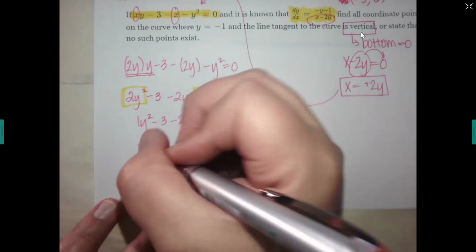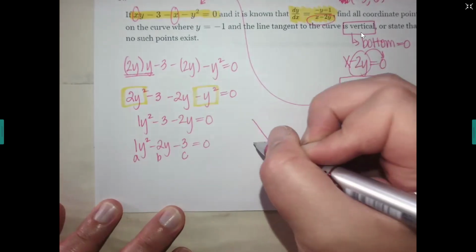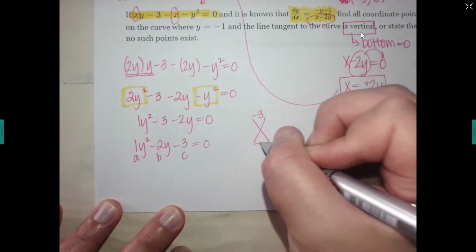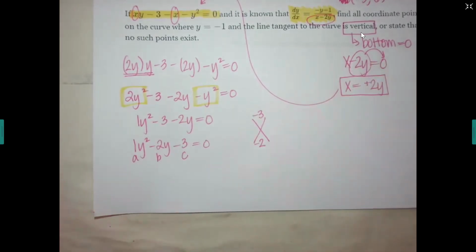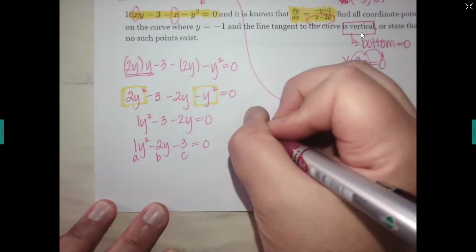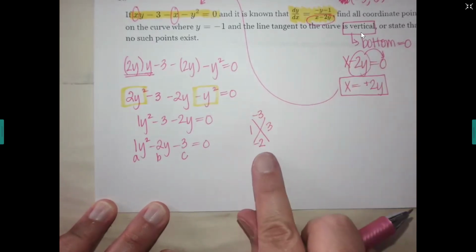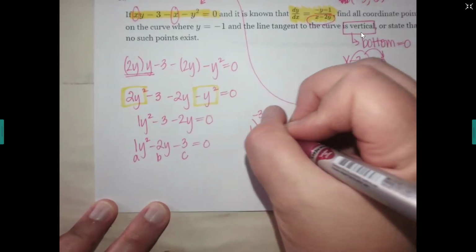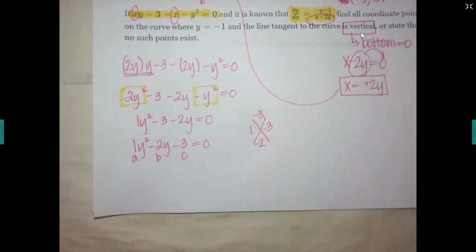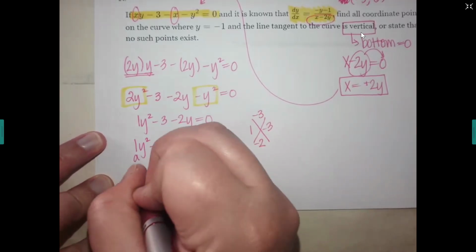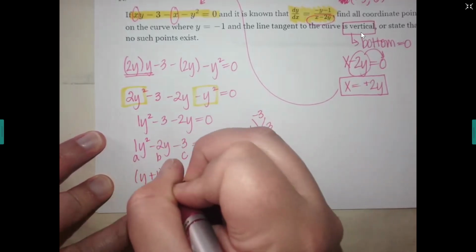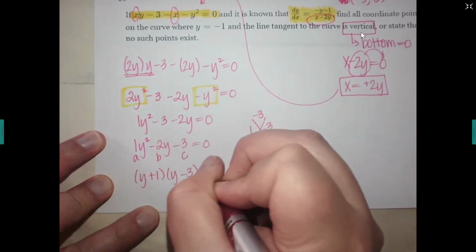So this is 1 times -3, a -3 on top and a -2 on bottom. The only multipliers for 3 are 1 and 3, but since I want to keep a negative in the bottom of my AC chart, this time we'll put the negative on the 3 side. So then my factors will be y plus 1 and y minus 3.